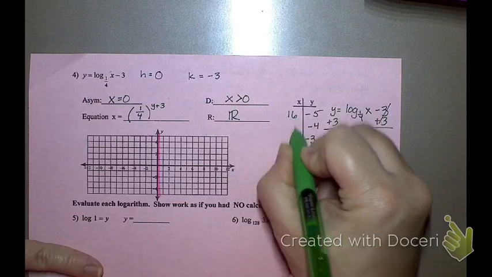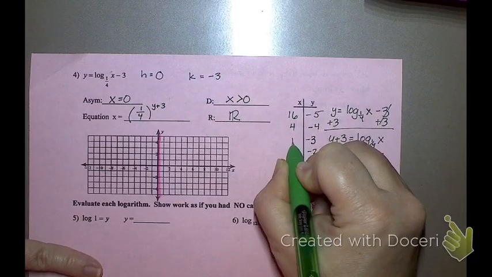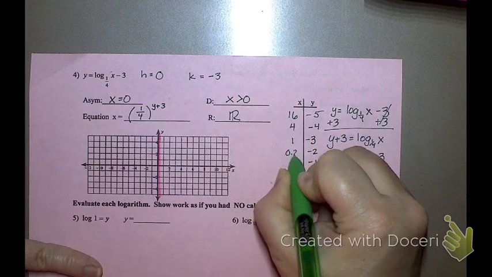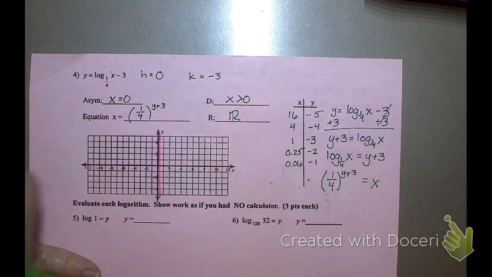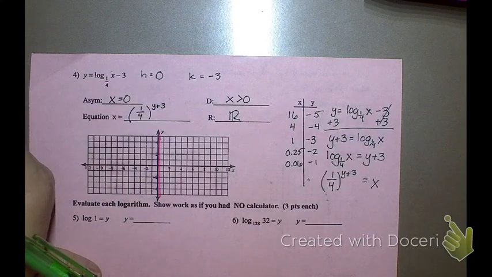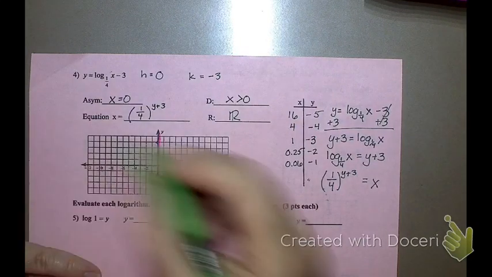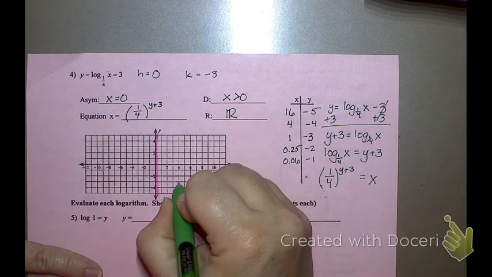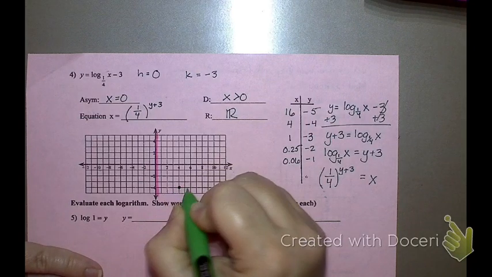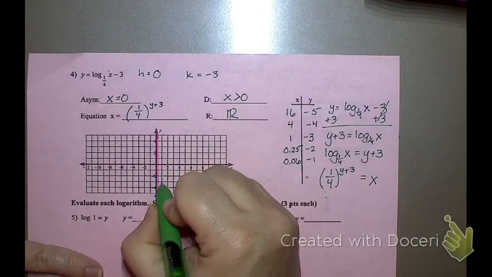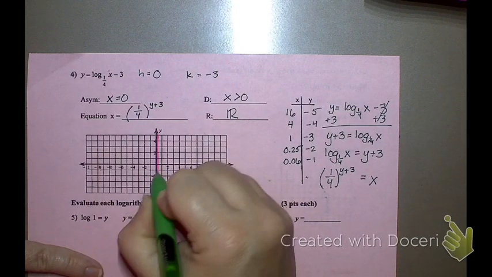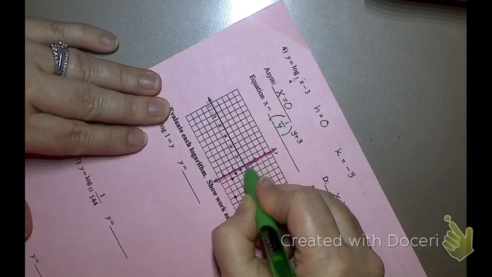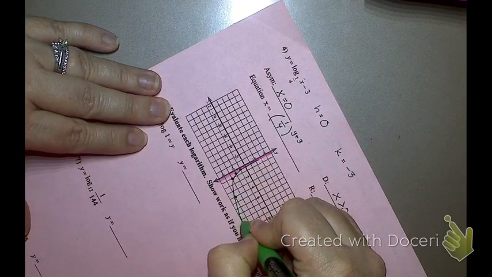You have 16, 4, 1, 0.25, and 0.06. Yes? 16, negative 5 doesn't fit on my graph, but 4, negative 4, 1, negative 3, 0.25, negative 2, and 0.06, negative 1. We have a graph that goes something like that.